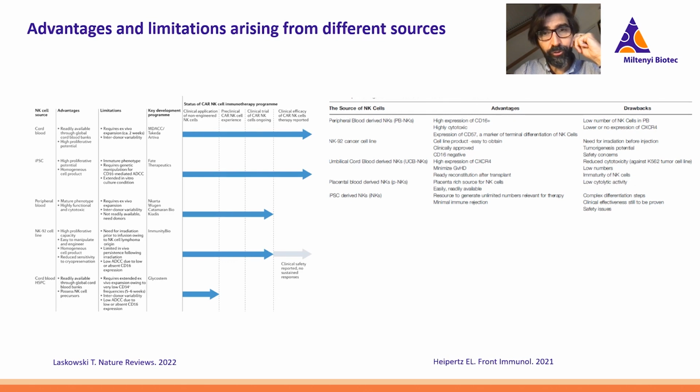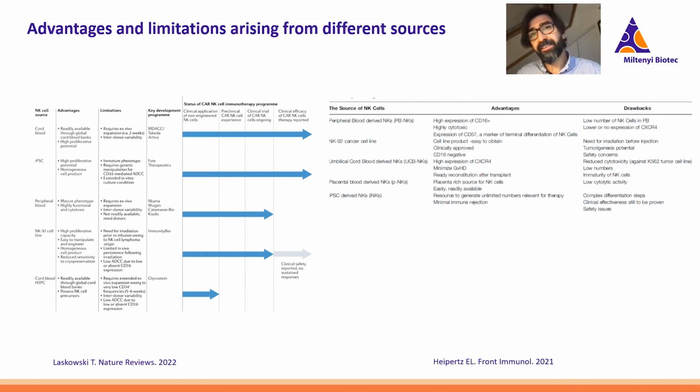If we use NK92, these cells are CD16 negative, so they do not have the ability to induce ADCC, and we could have some problems with tumorigenesis properties of this NK cell line in immunodeficient patients. So in my opinion, PBNKs are safer than the rest, but they also have some limitations.